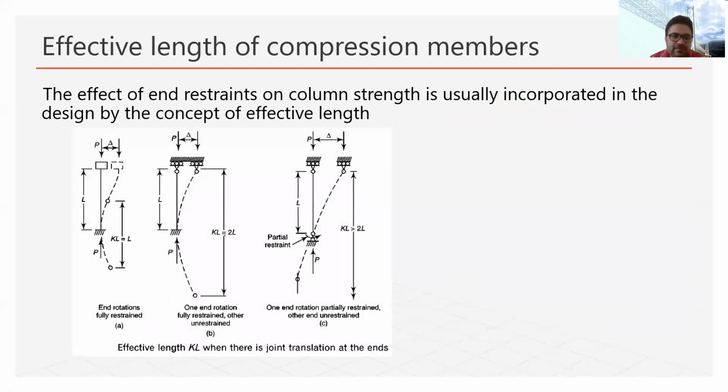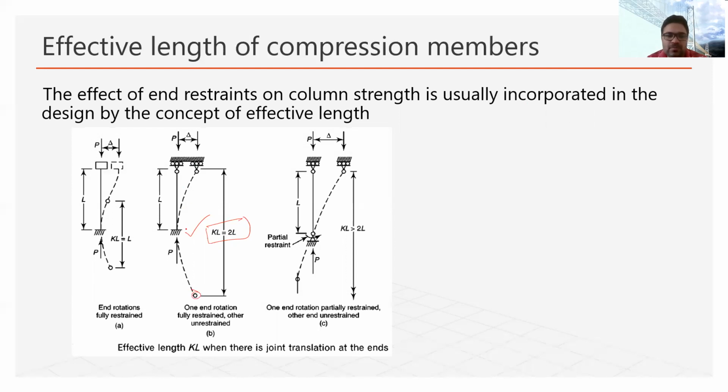So here you can see, this is the case when one end rotation is fully restrained and the other is unrestrained. In that case, you can see KL is 2 times L, so the inflection point is actually outside of the column.